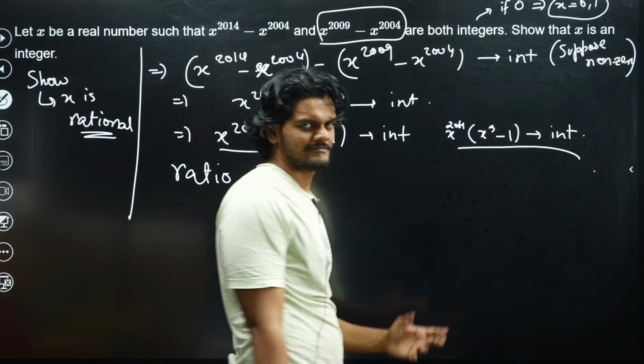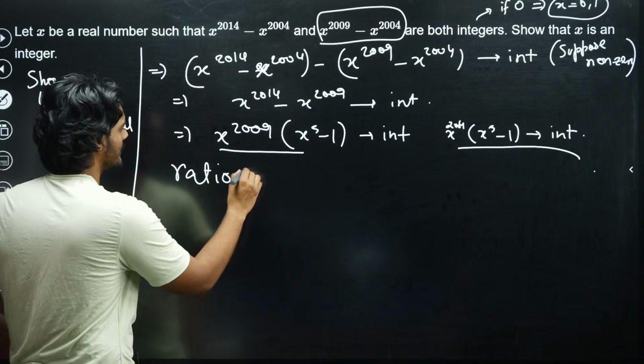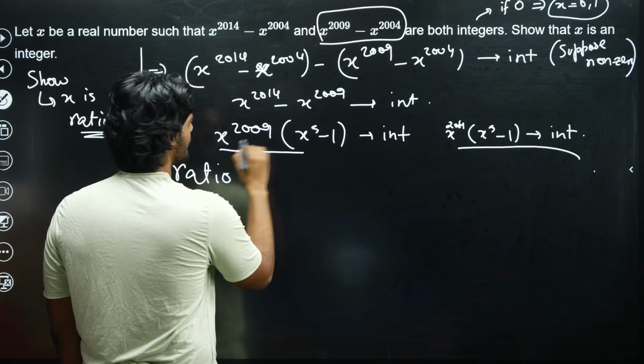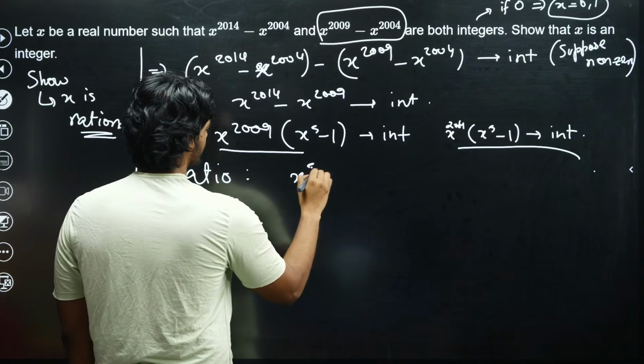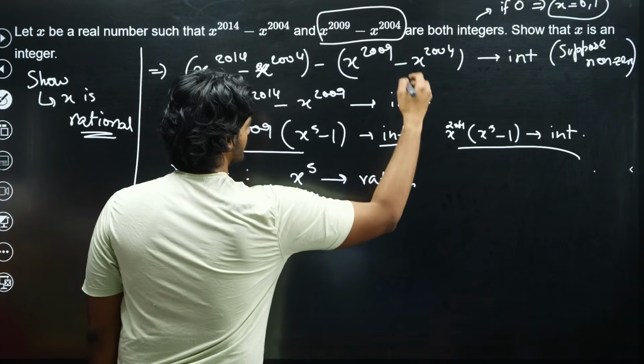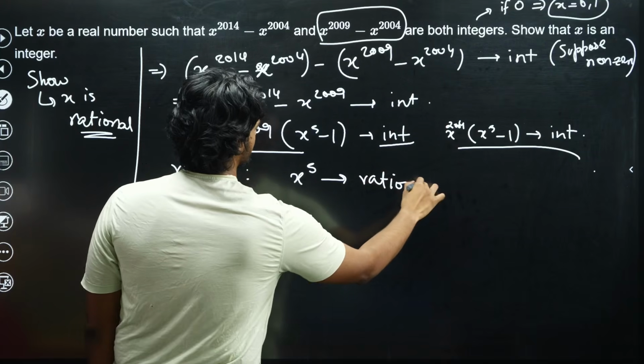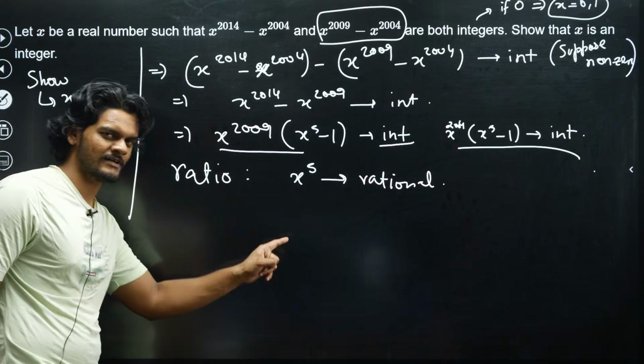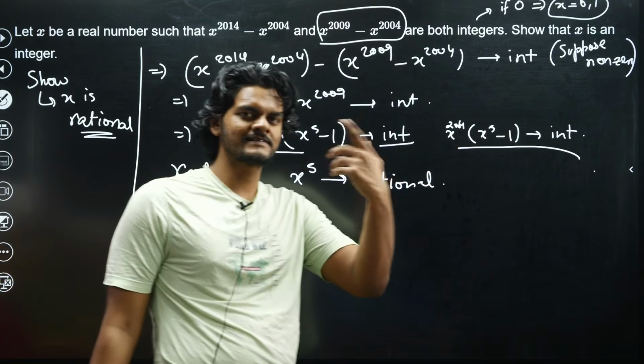All right. Now, I will take a ratio, and the ratio is x power 5. This is to be rational because it is a ratio of integer by integer. So, x power 5 is a rational number, but we have to show x is a rational number.